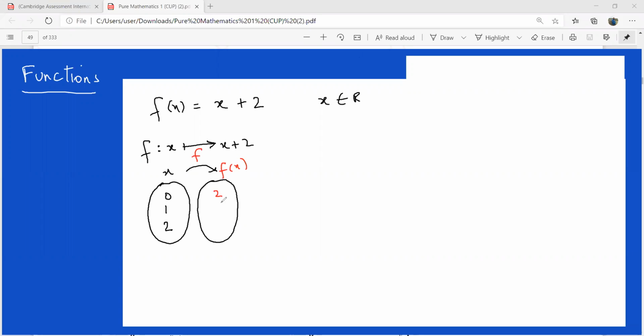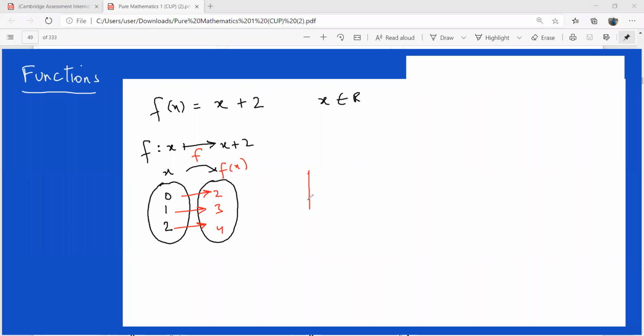So you have 2 here, 3 here, 4 here. You can see the arrows like this. So this is a typical functions diagram. That means 0 is mapped onto 2 through this function f. 1 is mapped onto 3 through this function f, and 2 is mapped onto 4 through this function f.